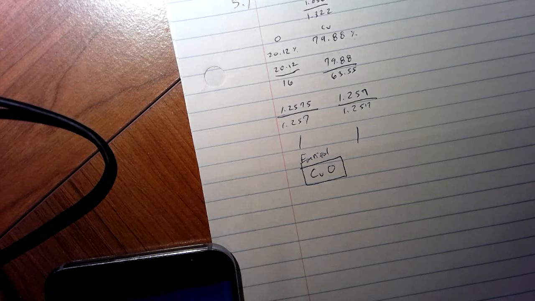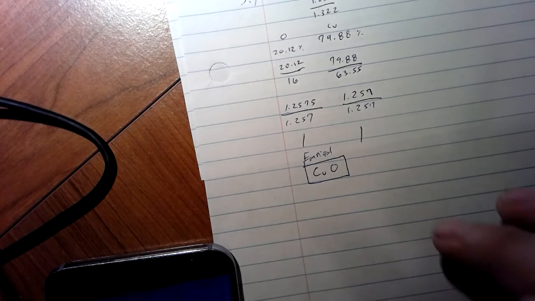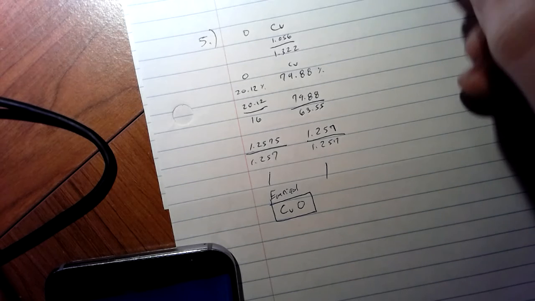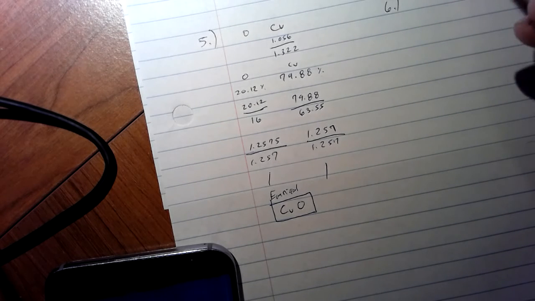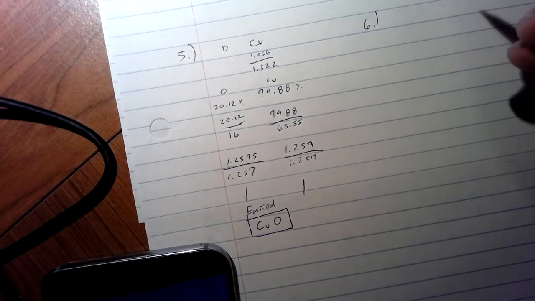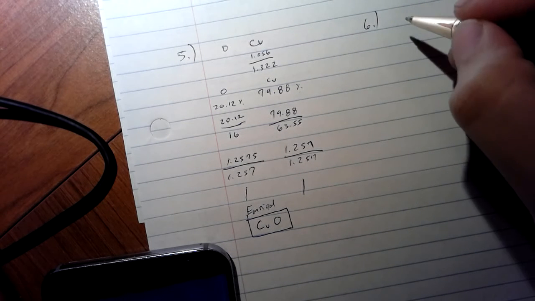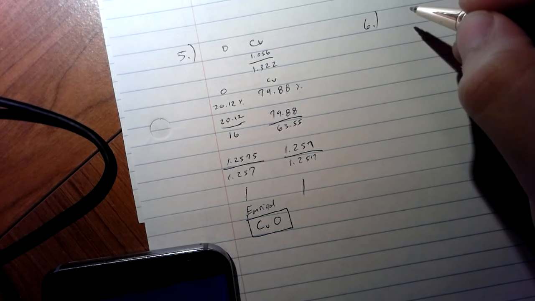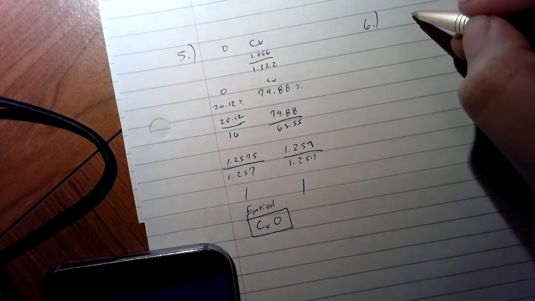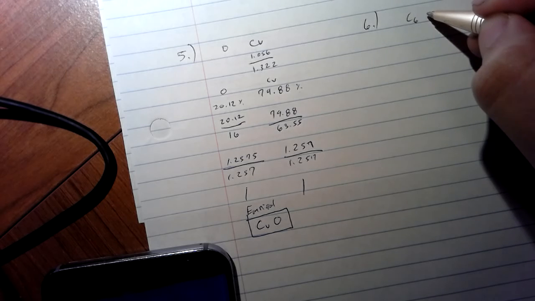It says, give the empirical formula of each of the following compounds. So for vitamin C, we have C6.